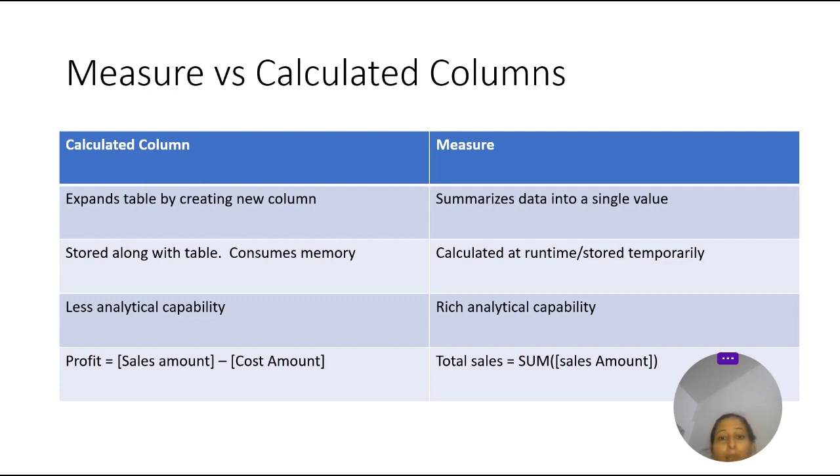But if we go to the measure and we want to calculate the sales, it will add by some function, sum of sales amount, and it will add the entire column into just a value. So it summarizes the data into a single value. It does not expand, so it does not require any memory.